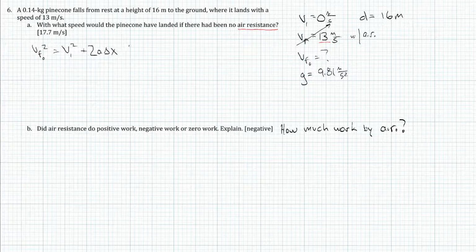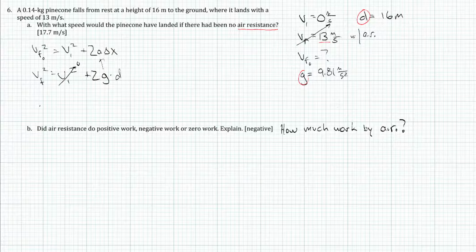We said that our delta x is really our distance d, and that our acceleration is really gravity. So let's substitute those in. V final squared equals V initial squared, which by the way is going to be 0, plus 2 times gravity times our distance d.